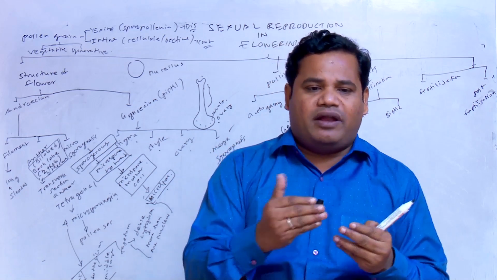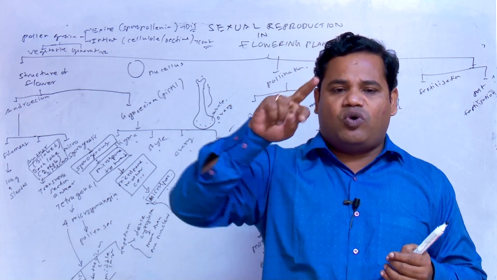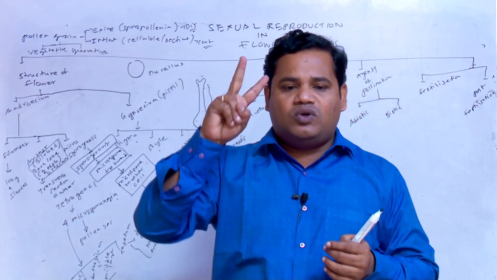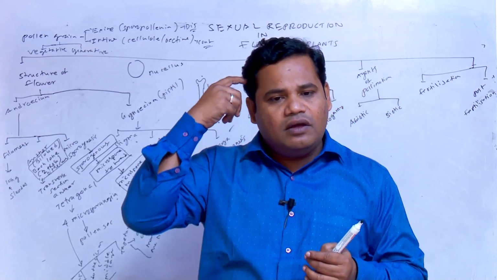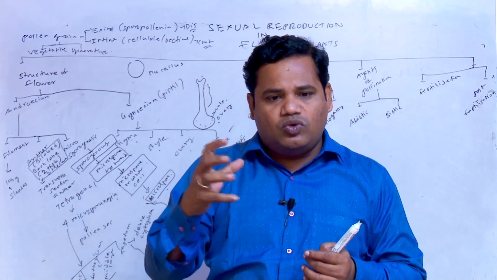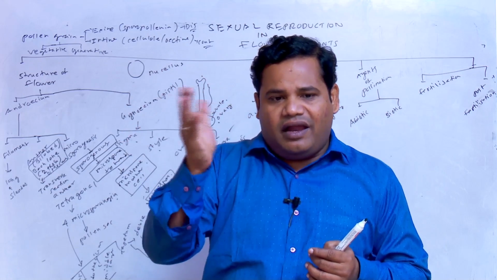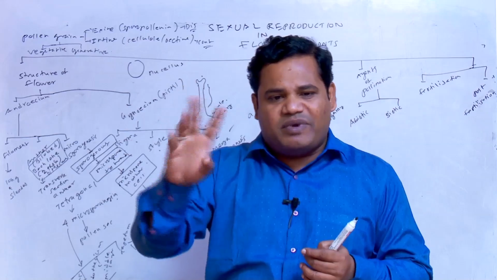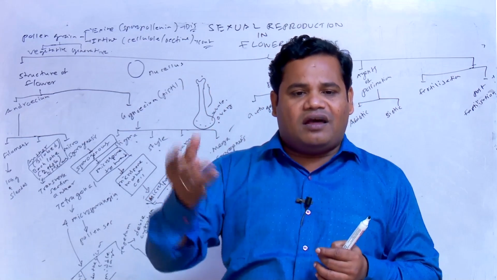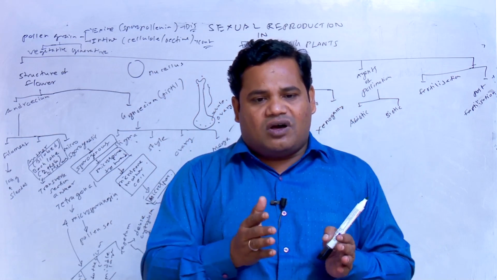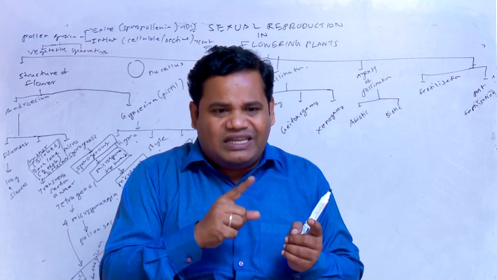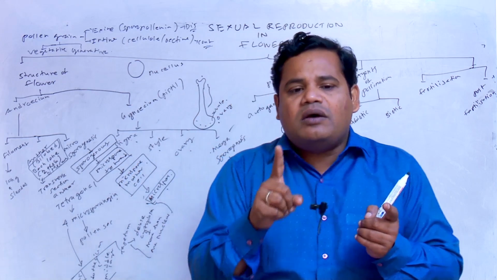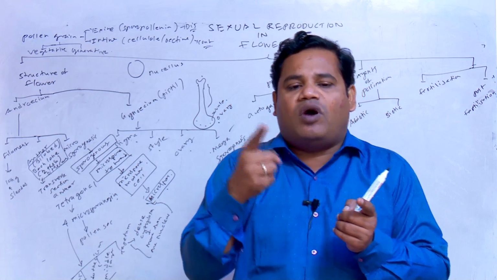Once again, repeating the point: the functional megaspore divides mitotically to form a two nucleate embryo sac. Later, sequential mitotic nuclear divisions result in the 4 nucleate and then 8 nucleate stages. The nuclear divisions are not followed immediately by cell wall formation.